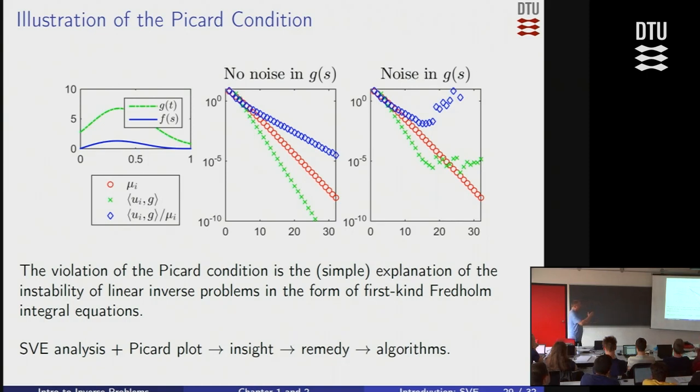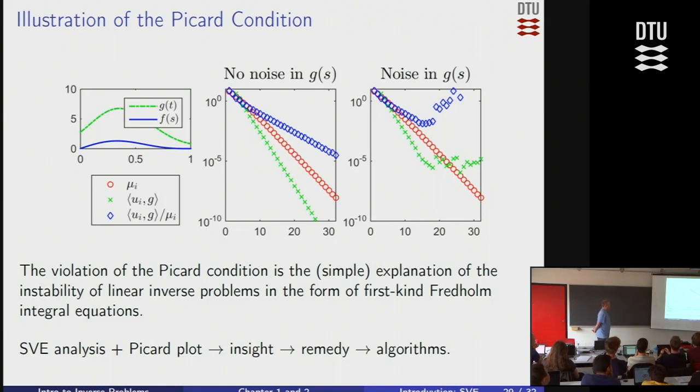It's the slope, the decay rate, that's important here. So the Picard condition seems to be satisfied. The blue diamonds then are the ratios between those two quantities. Those are actually the coefficients of the solution in the v basis. And you see that they decay, so everything is all right there.